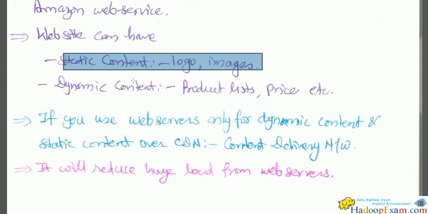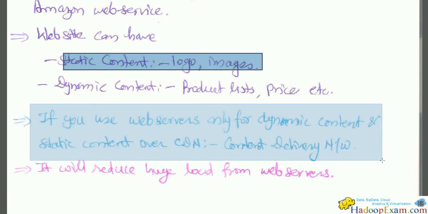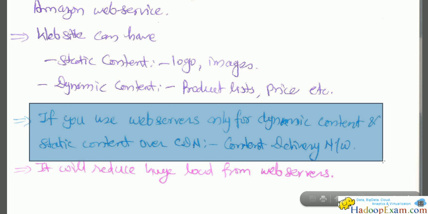If you use web servers only for dynamic content and static content over CDN, you can get this kind of benefit when you are using Amazon Web Services. There are various other services, but I am just giving you an example: segregate static content from dynamic content on your websites.